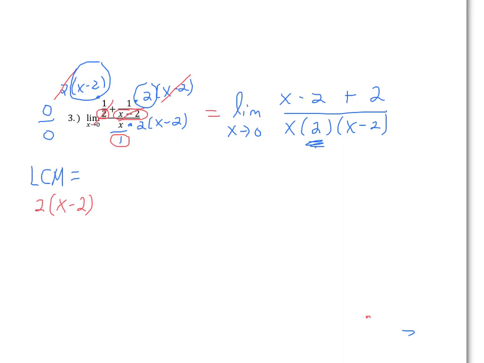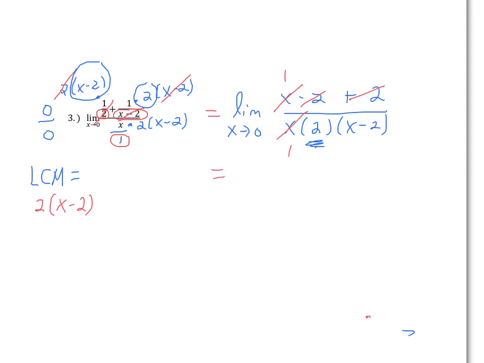Now up here in our numerator, that minus 2 and that plus 2, that just goes to 0. And then notice that we have an x up top and an x in the bottom, which will divide each other out. Again, it's in factored form, so we're allowed to cancel out those x's, leaving us with just 1.